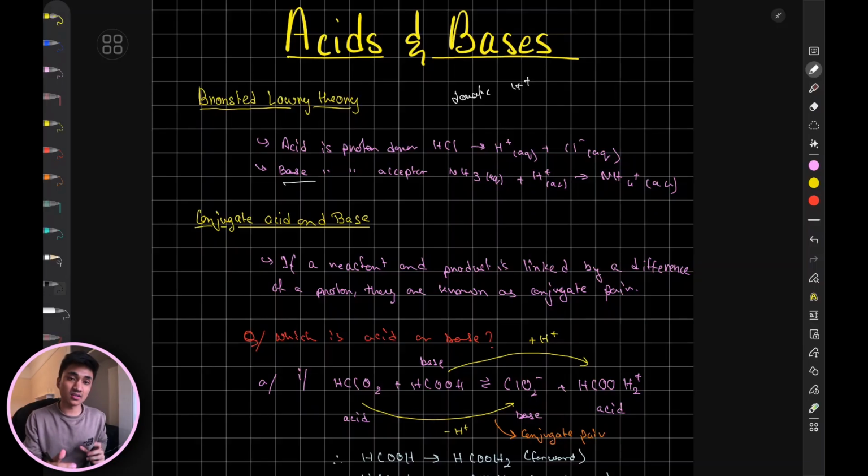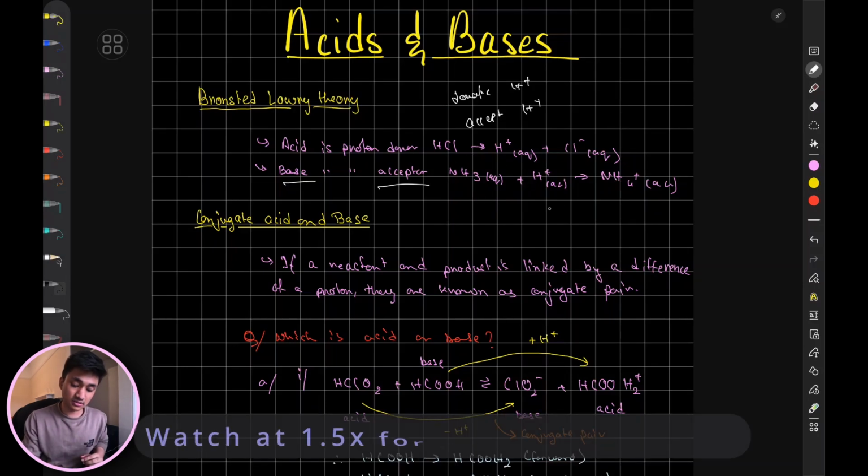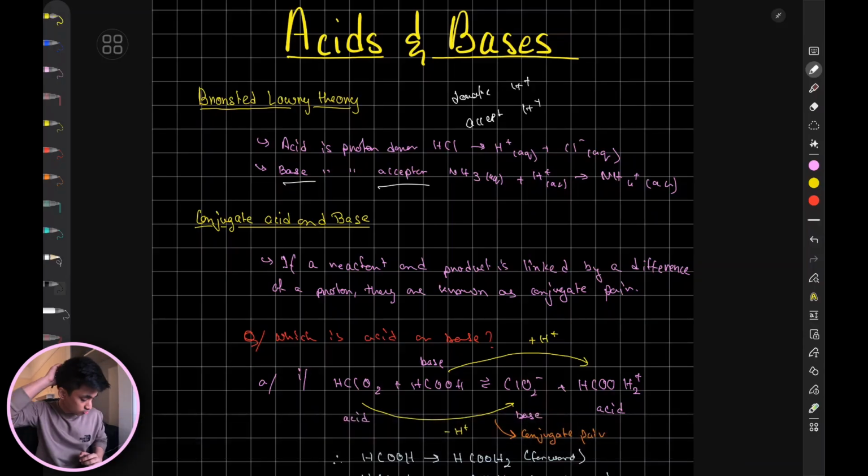Anything that is basic in nature, a base, will accept H+. So NH3 aqueous will accept the H+, aqueous means dissolved in solution, and becomes NH4+. Now NH4+ sometimes can act as an acid because it donates H+ and forms NH3 aqueous.